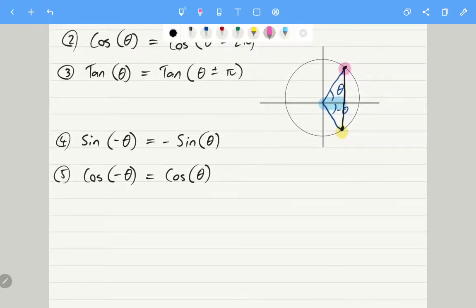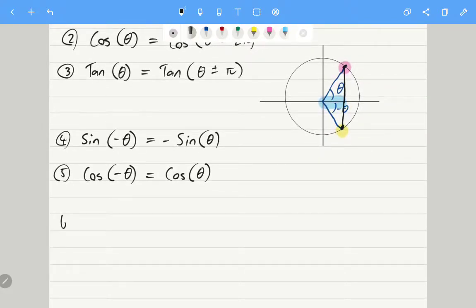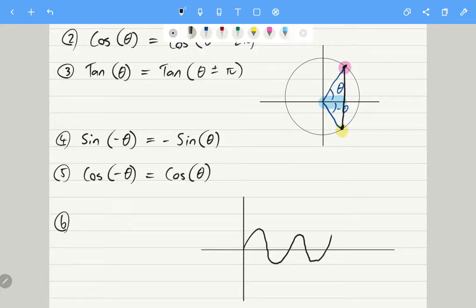Now the final one is the fact that sine and cosine are actually very, very similar functions. If you look at them on a graph for a second, the sine function looks something like this, and the cosine function is almost exactly the same, except it starts a little bit out of sync.